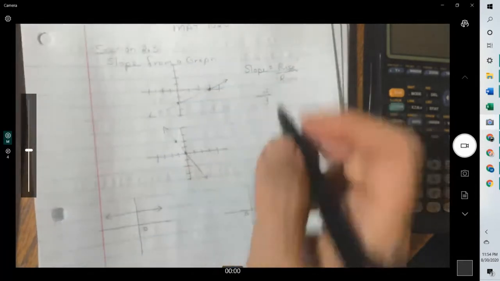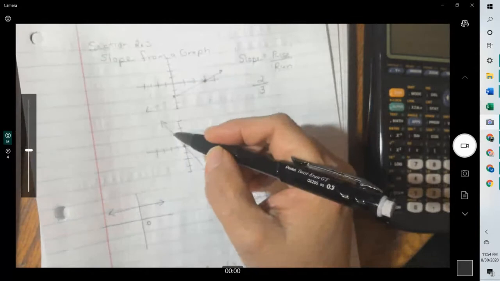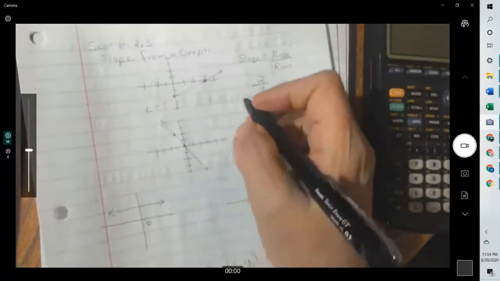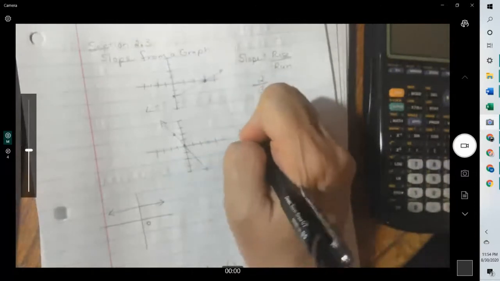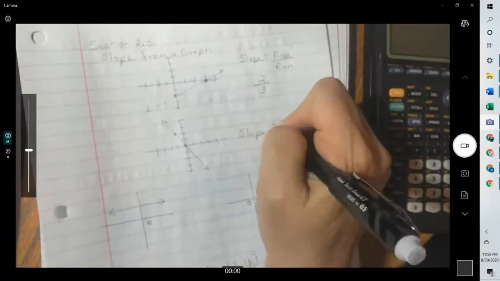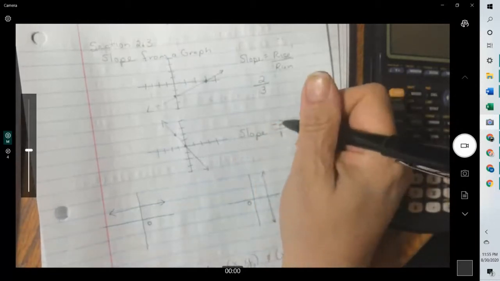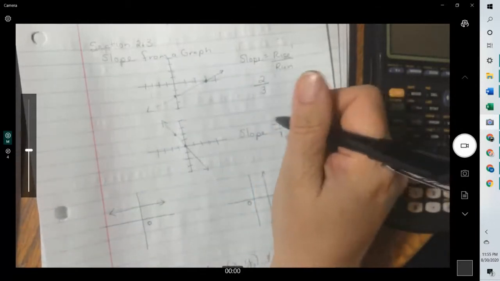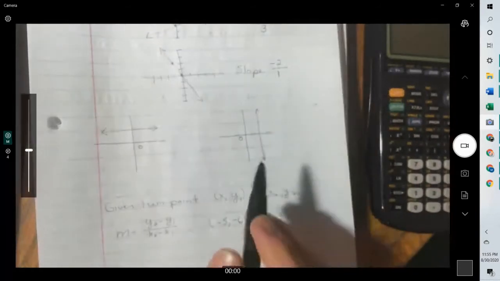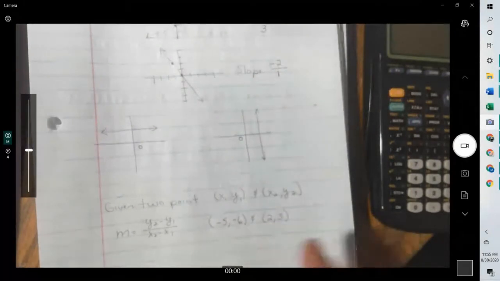This one's going down, so it's a negative, and it's decreasing. And to find the slope, again, start with the leftmost point. We go down 2 and over 1. So down 2 and over 1. Since we're going down 2 and then over a positive 1, our slope's a negative 2. These two are special cases.